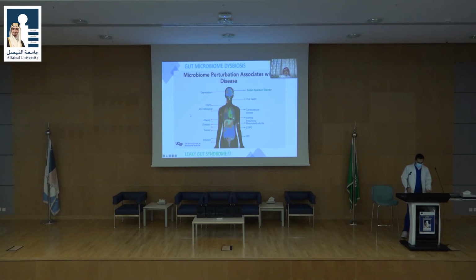When your microbiome becomes disturbed, a wide range of diseases has been shown to have a clear association with a disturbed microbiome. And you can look at every chronic disease, it is there, starting from diabetes, obesity, cancer, depression, autism, and so on.